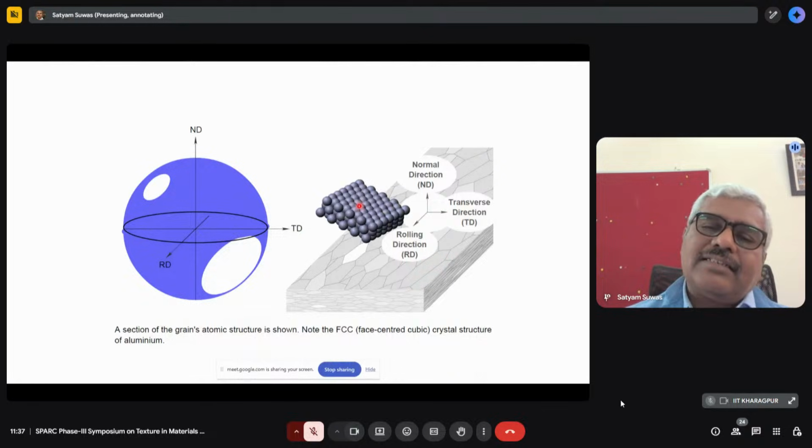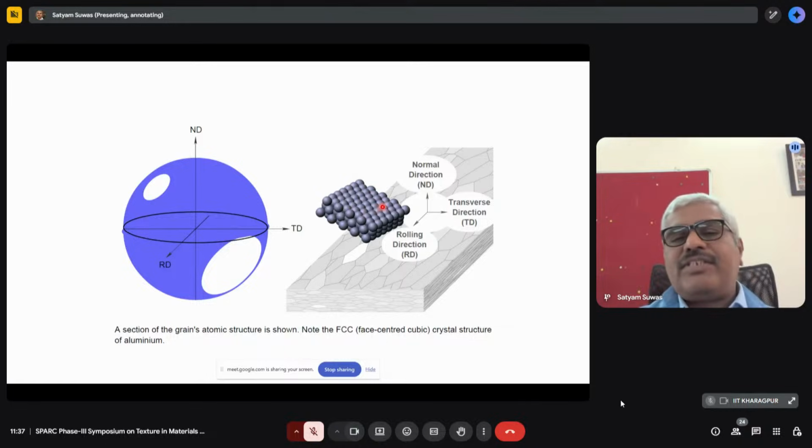And this single crystal has close packing of atoms or lattice points in it, right? So for example, this is represented for FCC structure, this distribution of lattice points or atoms for an FCC metal, and you will see that these are the points of a lattice plane.